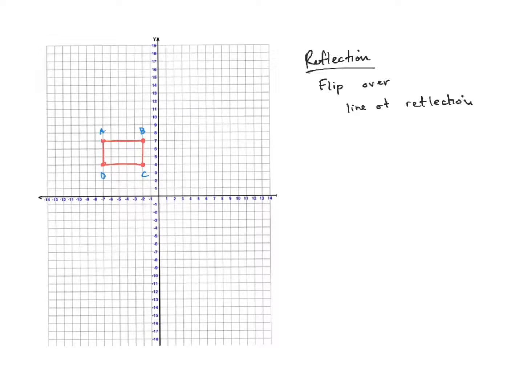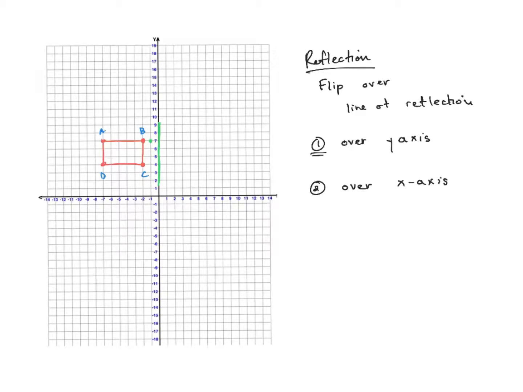So let's just look at one example where they say over y-axis, and then they'll want you to do a flip over x-axis. And the order of this is very important. You have to do this first. And basically what I like to do is tell my students, here's your line of reflection, here's your y-axis.